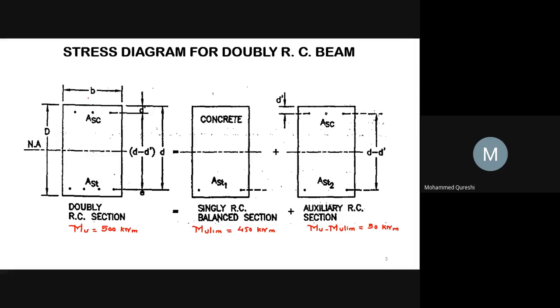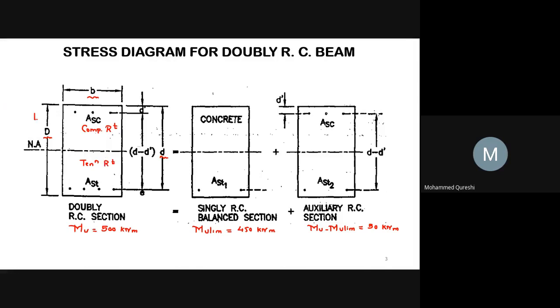Here B is the width of the beam, small d is our effective depth, capital D is our overall depth, and Asc is nothing but the area of steel in compression reinforcement, and Ast is the area of steel in tension reinforcement.